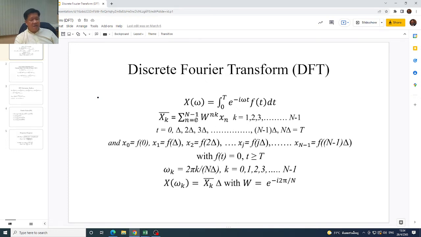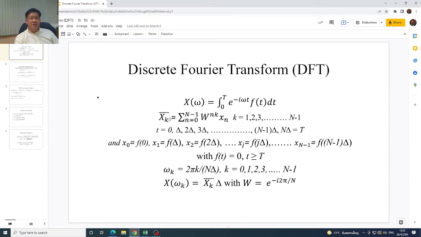Over here, we might have made a mistake. Actually, this small k has to start from 0 also. K is not starting from 1. K has to start from 0, 1, 2, 3 up to n minus 1.